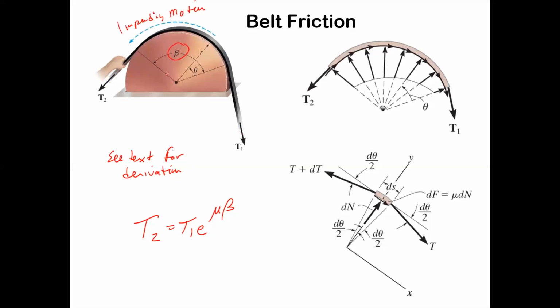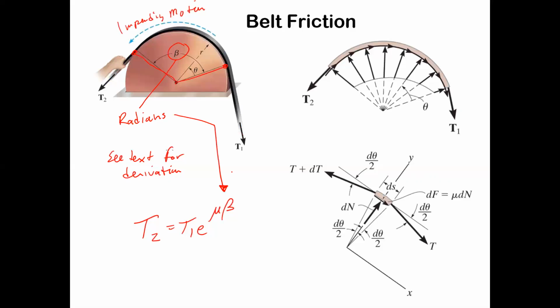It's the angle between the two tangent points of the rope or the belt. And beta is in radians. And impending motion is that way.